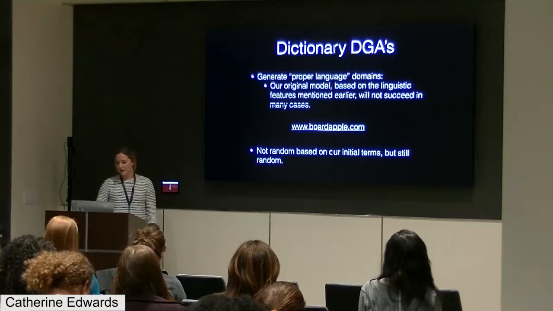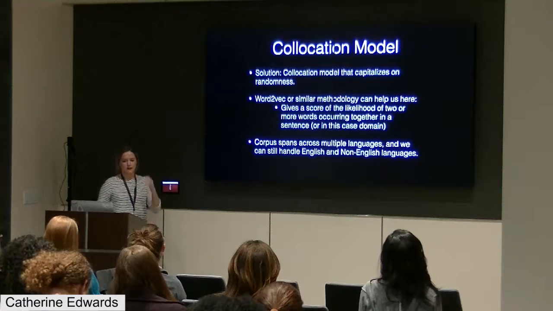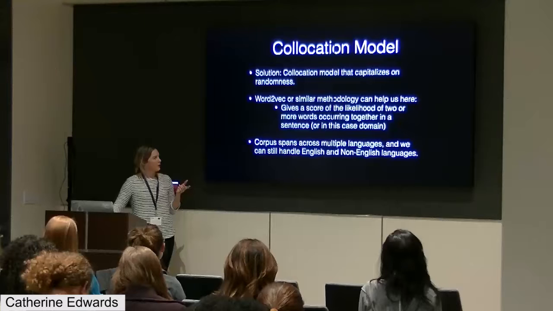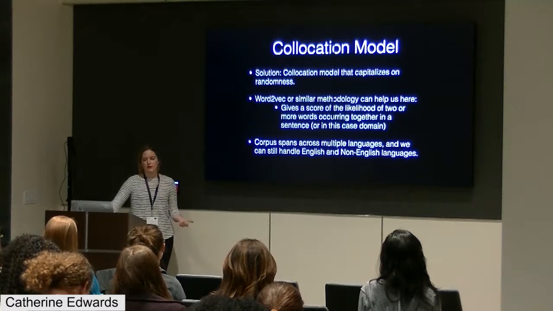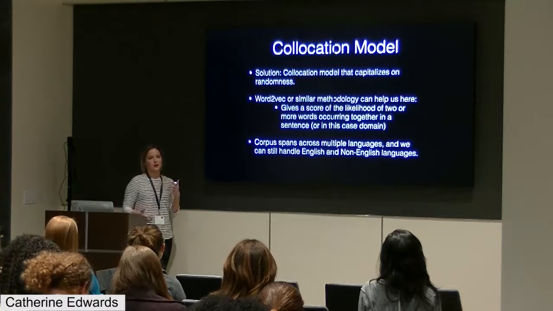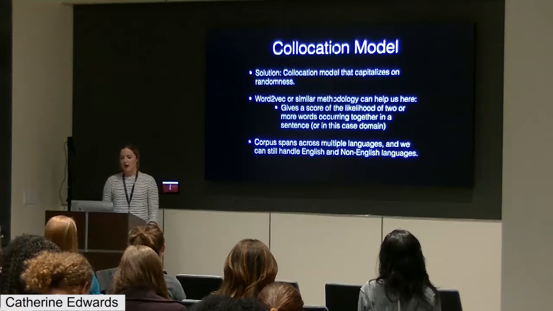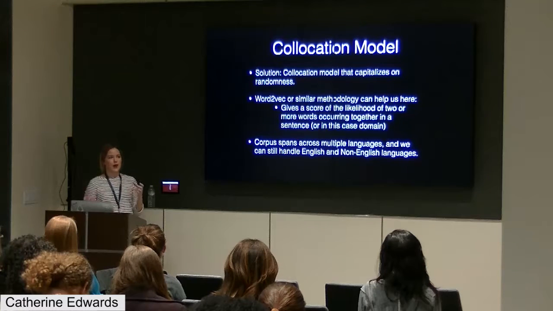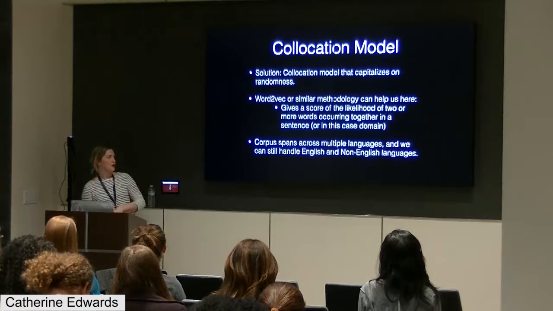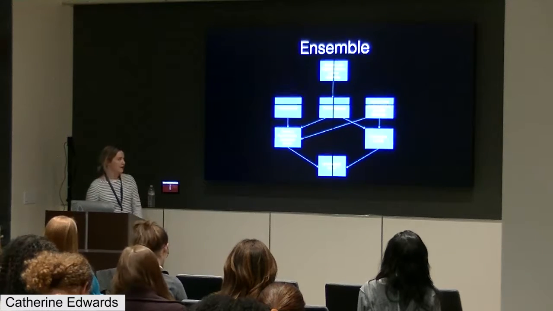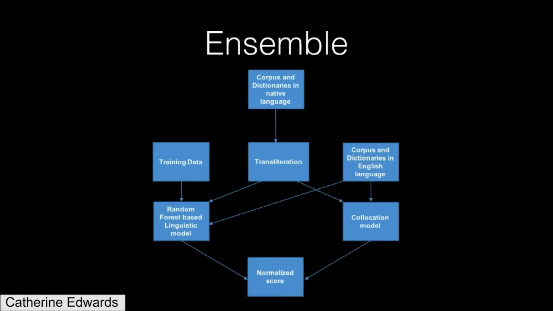So what we did was we capitalized on this randomness and built an additional collocation model. We didn't exactly use word2vec, but we used something similar that essentially gives us a score on the likelihood of two words occurring in the same sentence or paragraph. And then we combined that collocation model with our random forest model to create this ensemble model. That's the model that you're going to see here.